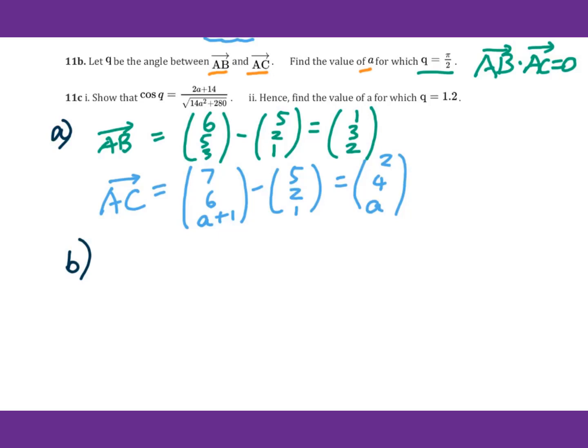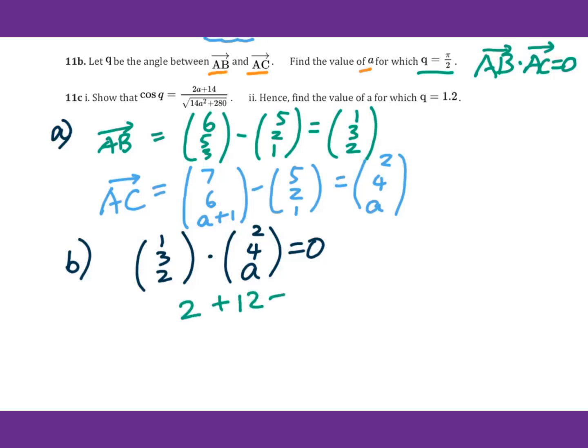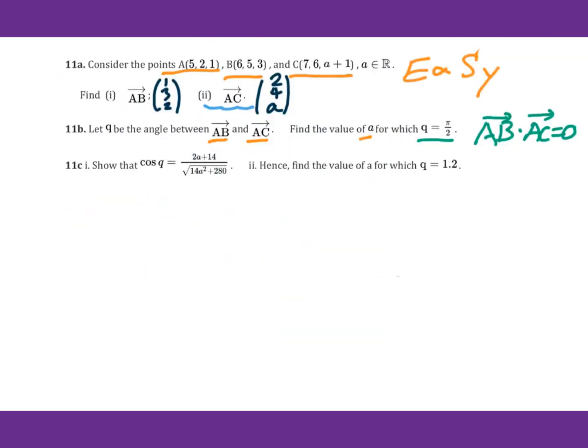So we have 1, 3, 2 times 2, 4, a equals 0. Multiplication of corresponding components, you have 2 plus 12 plus 2a equals 0. a equals negative 7.